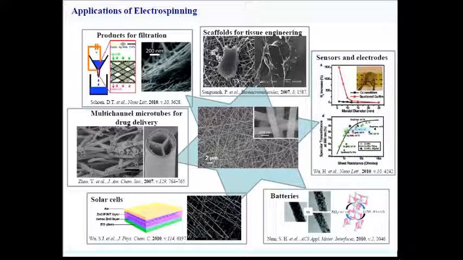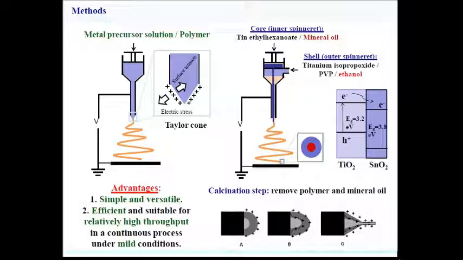What we did was create a novel core shell structure. We built an apparatus where the inner spinneret holds our core precursor material, tin ethyl hexanoate in the presence of mineral oil, and the shell holds titanium isopropoxide in the presence of PVP and ethanol.